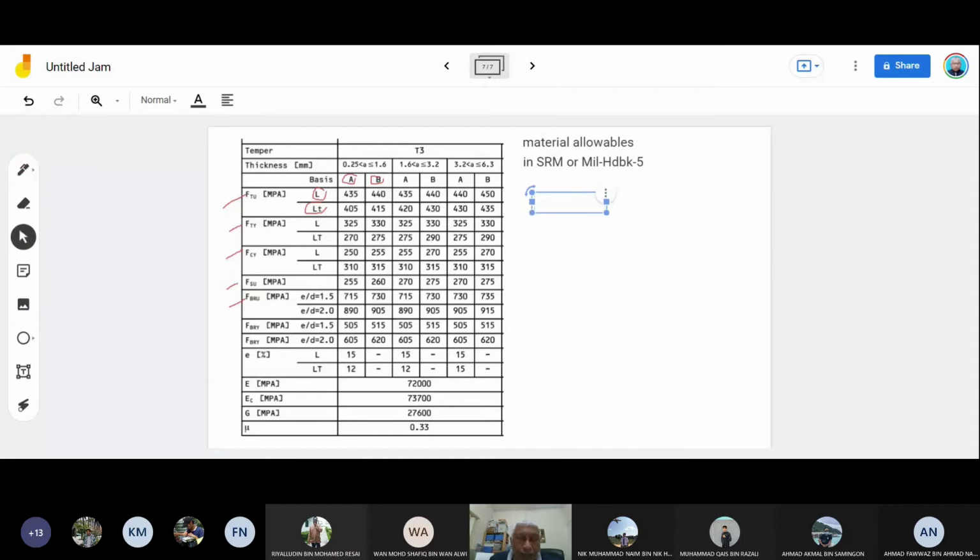A is, when they did the test to get this value, 99% of the time, looking at this situation here, they get 435 megapascal. B, when they did the test, 90%, they got 440 megapascal.